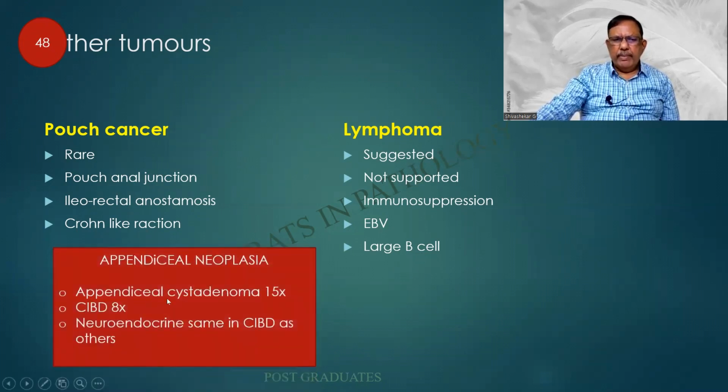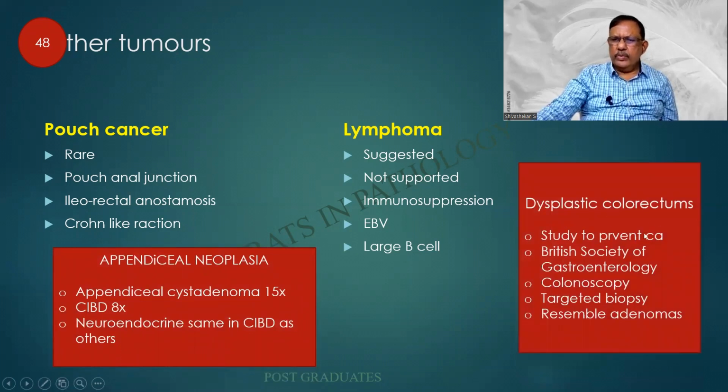Another tumor will be the appendiceal neoplasm, which can be a cystadenoma or a neuroendocrine tumor. Appendiceal cystadenoma is 15 times more common. And you find in a case of chronic inflammatory bowel disease, it is 8 times more common in the appendix. Neuroendocrine is the same as elsewhere.